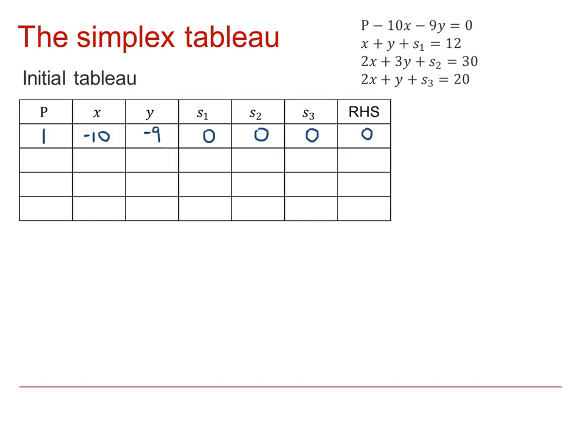Similarly for the second equation, 0p, 1x, 1y and 1s1, put 0 for s2 and s3, and a value at the moment of 12. The next one is 0 for p, 2 for x, 3 for y, 0 for s1, 1 for s2, 0 for s3 with a value of 30.